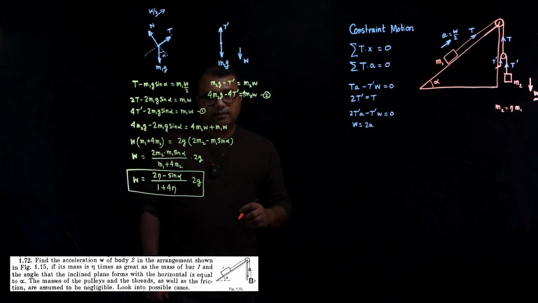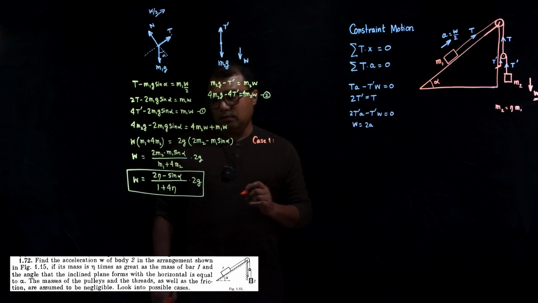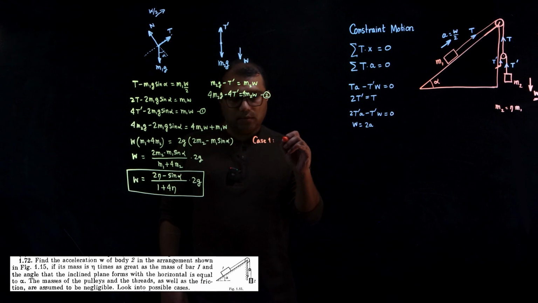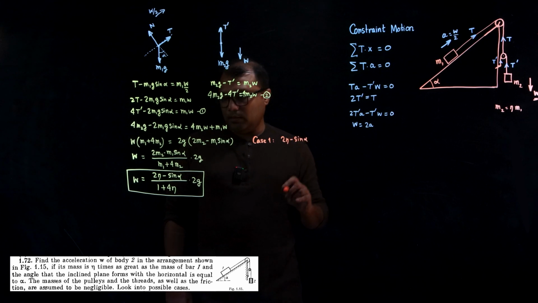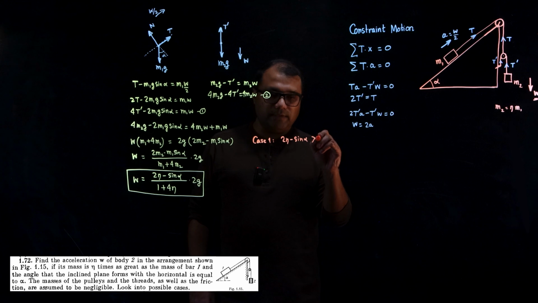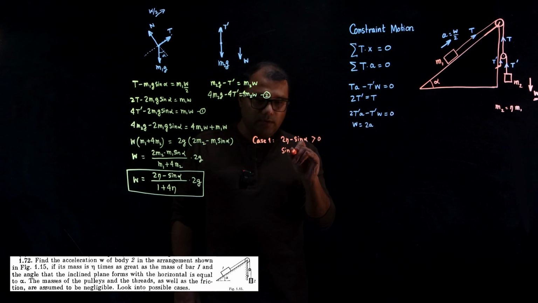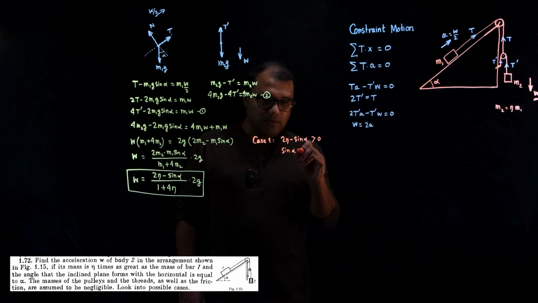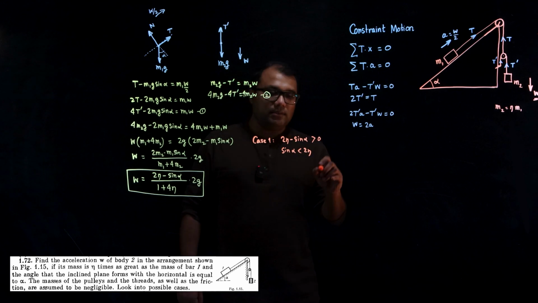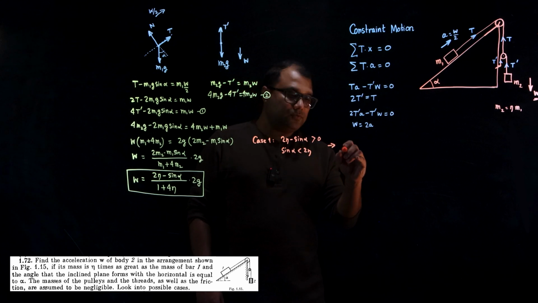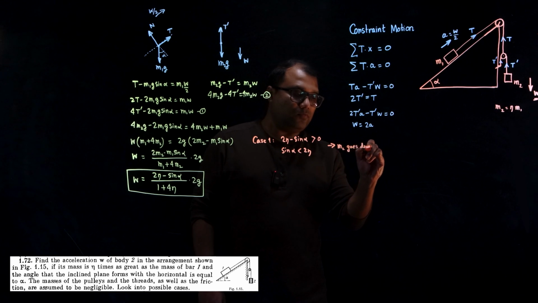Now some possible cases we can look at. Case 1 is when 2 eta minus sine alpha is greater than 0, so sine alpha is less than 2 eta. If this is the case, then W is positive, so M2 goes downward.